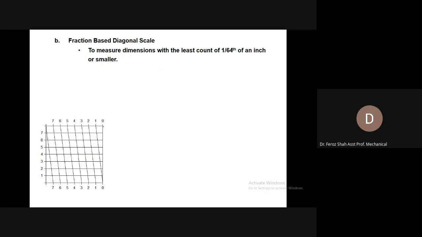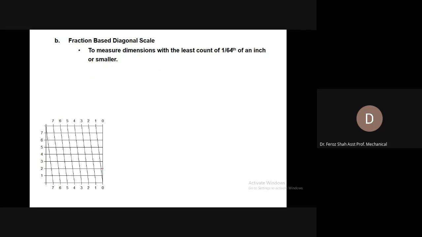Now actually this one division from 0 to 1 is 1 by 8 of an inch. That has further been divided into 8 equal parts. So if you start from here, this one is 1 by 64 of an inch.